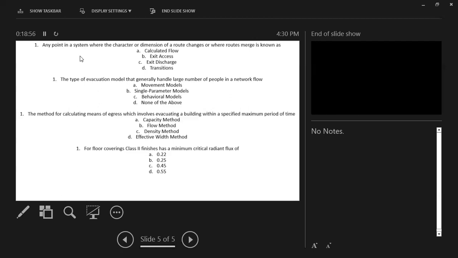The method for calculating means of egress, which involves evacuating a building within a specified maximum period of time.